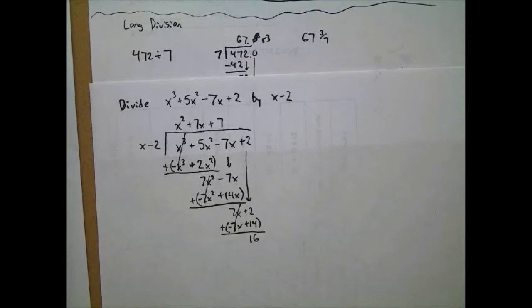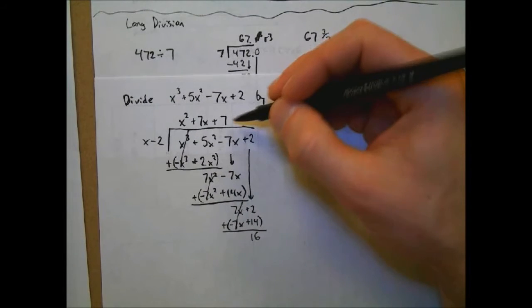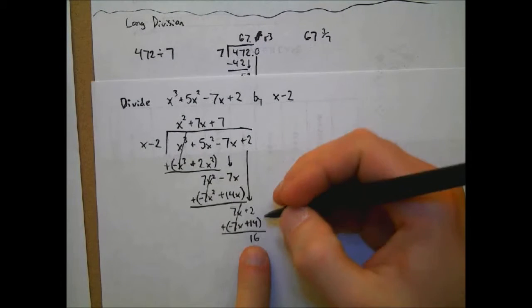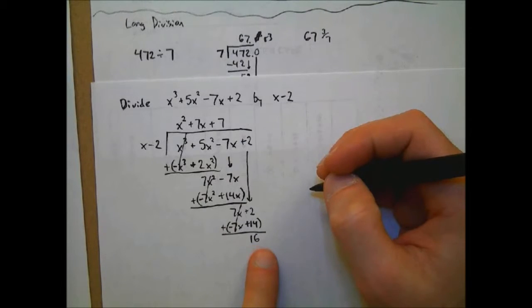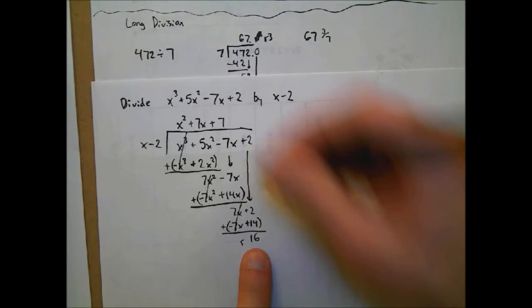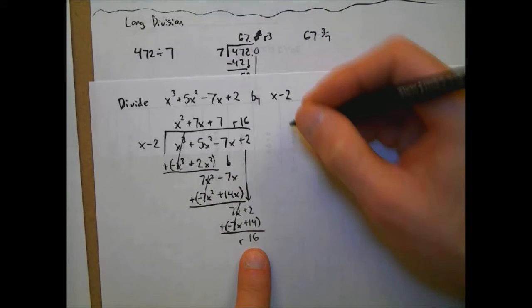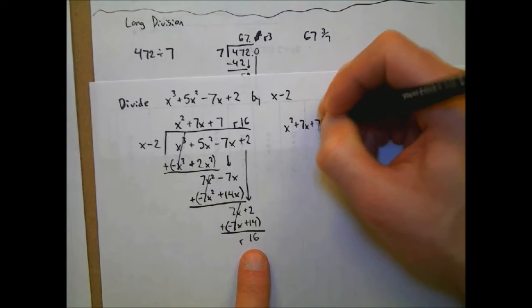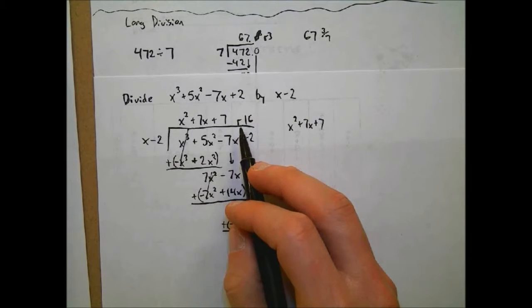Now, is there a number that I can multiply x by and get just a 16? No. This is therefore our remainder. So remainder 16. So what is the final answer here? It's going to be x squared plus 7x plus 7. We could say remainder 16.